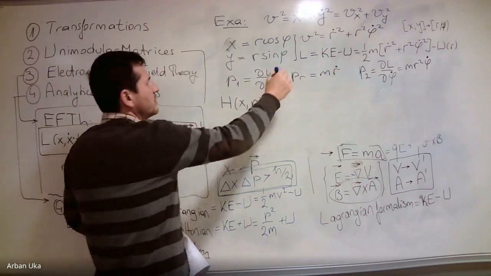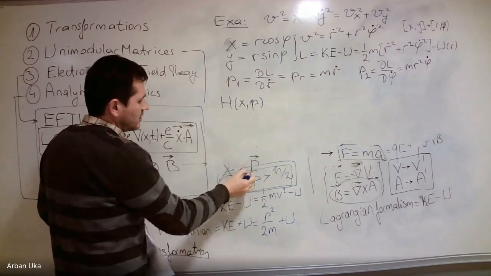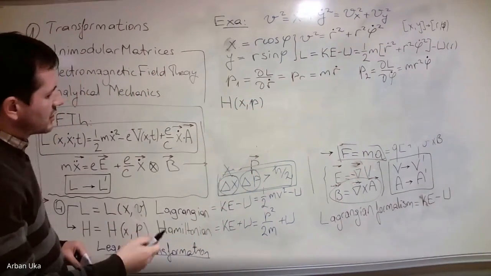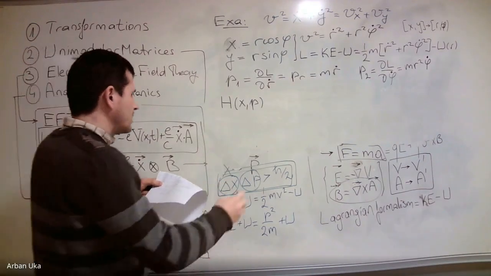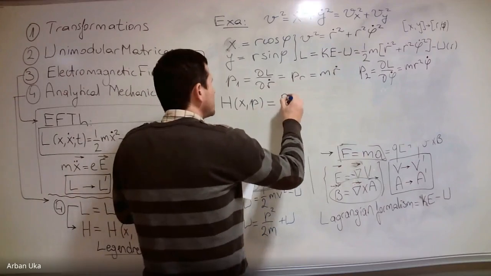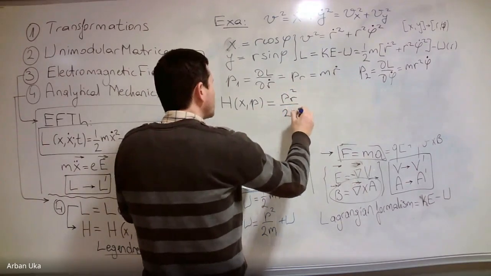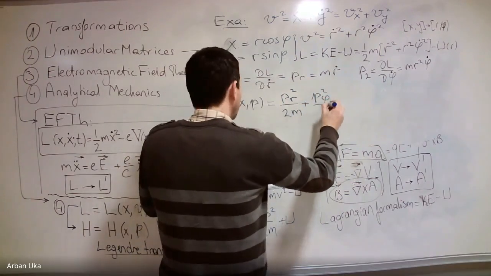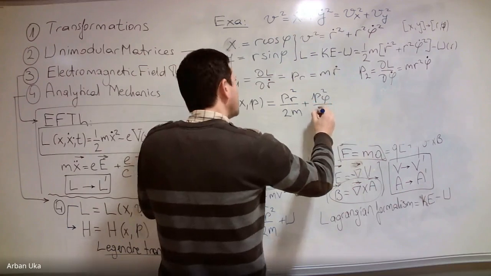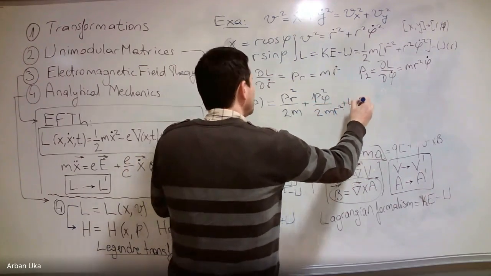This is why we are coming from L to H in the domain of conjugate properties, which can be observed in the uncertainty principle. This one is written as the linear momentum along the one generalized coordinate squared, plus p phi squared, the linear momentum along the angle, over 2m r squared, plus u.